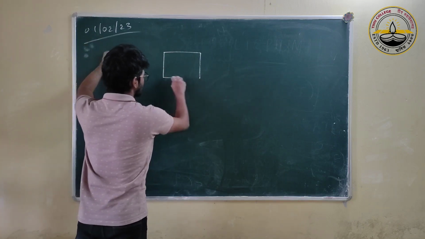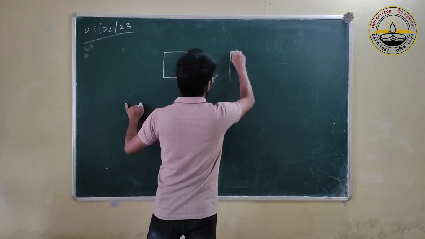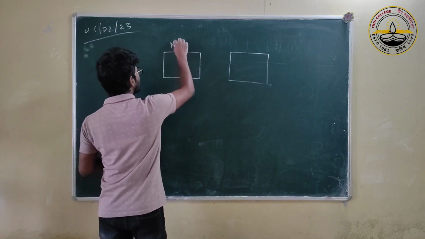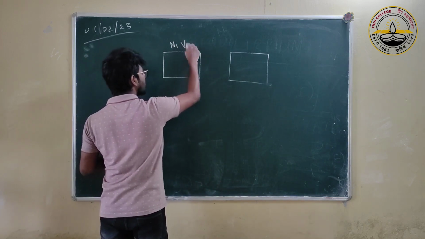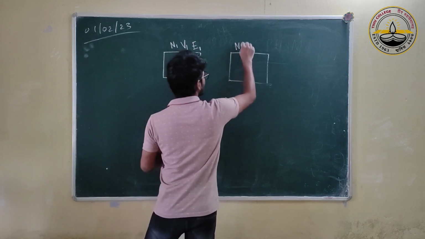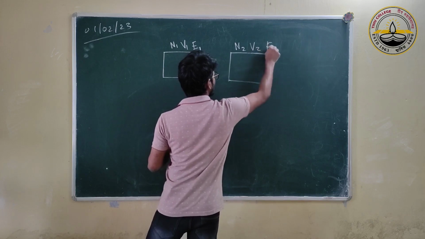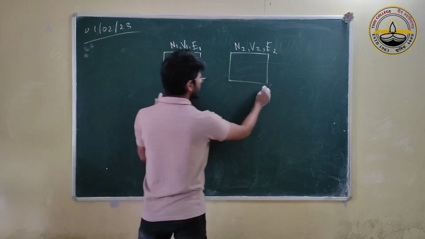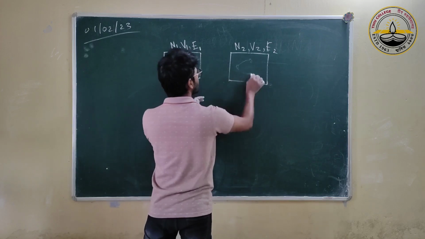Consider 2 boxes, initially separated. This has N1 number of particles, its volume is V1 and its energy is E1. This has N2, V2, E2. They are separately in equilibrium.